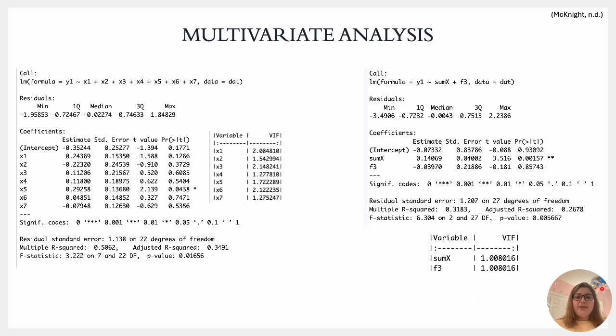And then down here we have the VIFs again, and for both sum x and F3 we do see that they are pretty low and close to 1, which means the multicollinearity is not a concern, and there's no evidence of strong correlations between sum x and F3. This model shows to not be really suffering from multicollinearity, and both sum x and F3 are providing unique, good information towards the model.